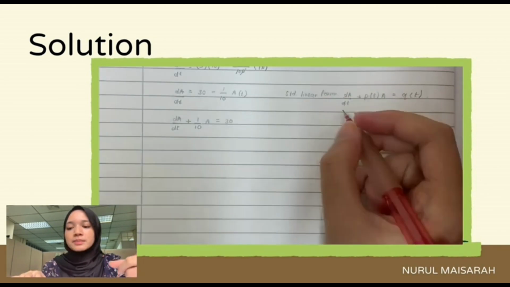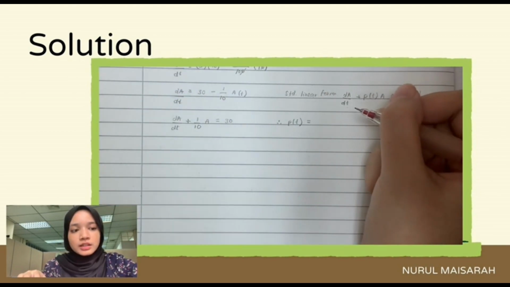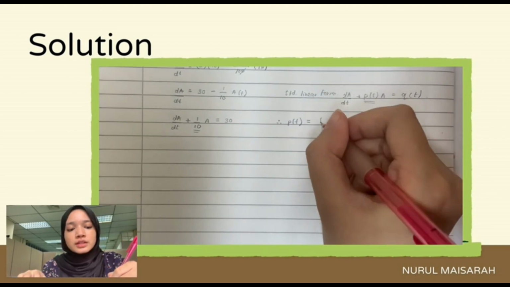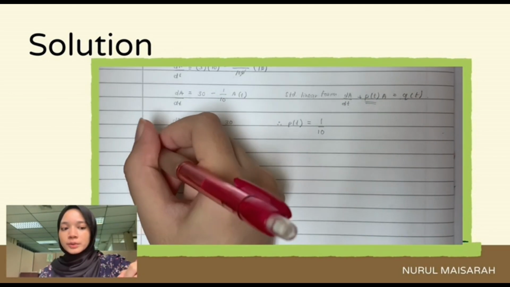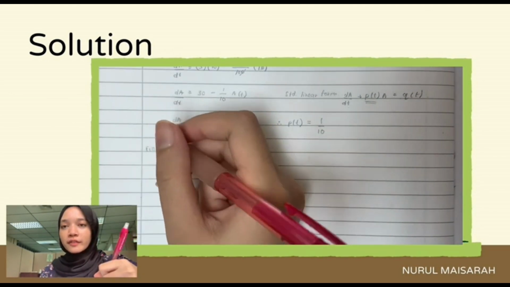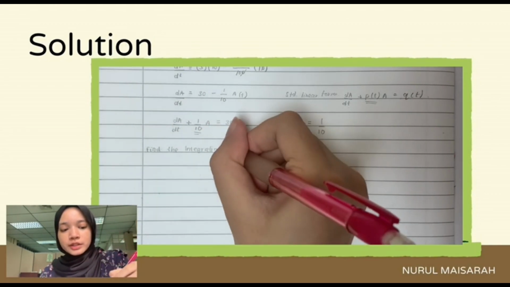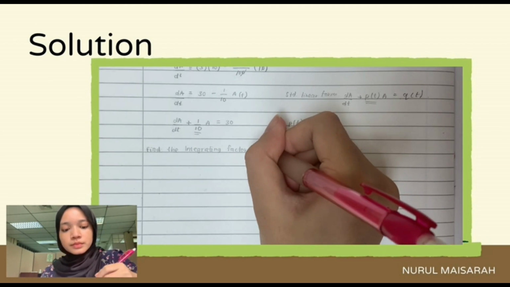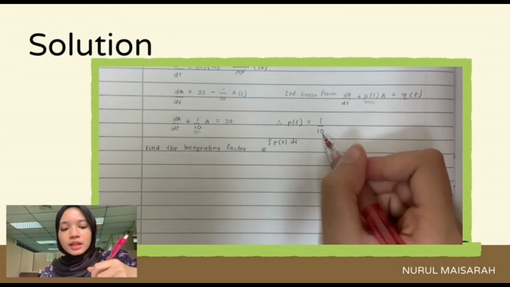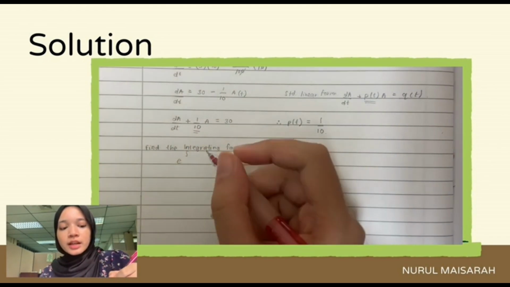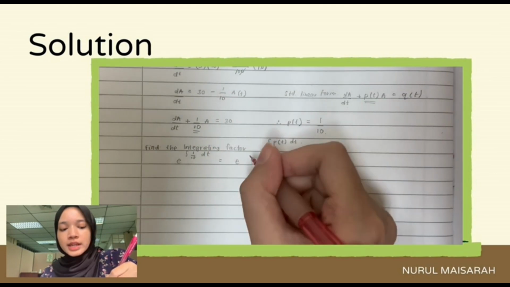Next, determine P(t). This is our P(t), which is 1/10. Now that we already have P(t), we have to find the integrating factor using this formula, and then integrate P(t), and we will get e^(1/10 t).